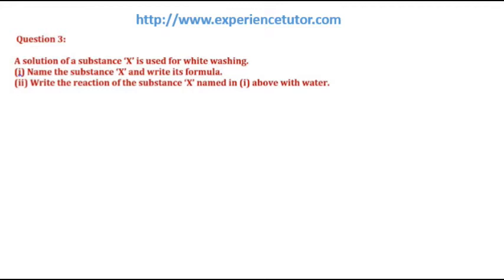So the first thing, substance X is calcium oxide and its formula is CaO.